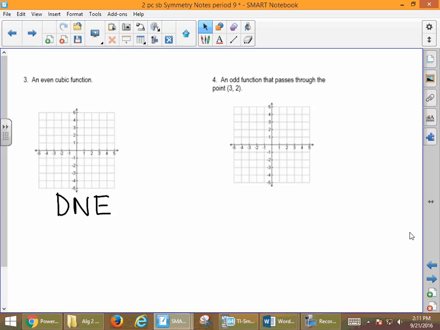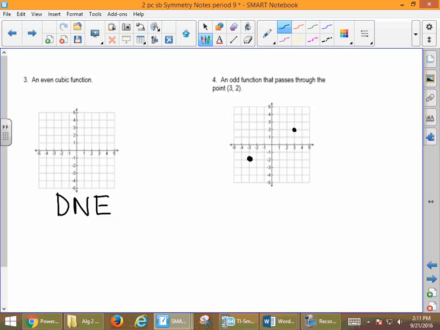And to finish, an odd function that passes through the point 3, 2. So here's 3, 2. Remember, if something is an odd function, we would change the sign. 3, 2 means that we would also have a value of negative 3, negative 2.